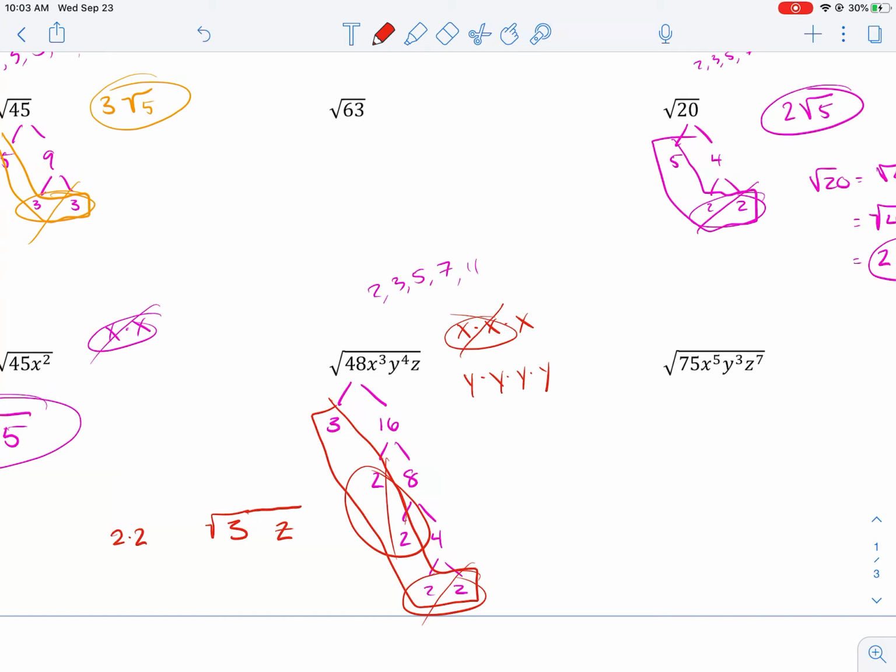And I see 2 pairs of x's, so I bring one out, put one back in, and I see 2 pairs of y's, so I bring some out, y squared, and nothing gets left behind. So let me straighten this up down here. I should have just multiplied those two. So those two 2's get multiplied together. So that's 4x, y squared, and what we have left underneath the radical is the 3 and x and the z. And so that is our answer.